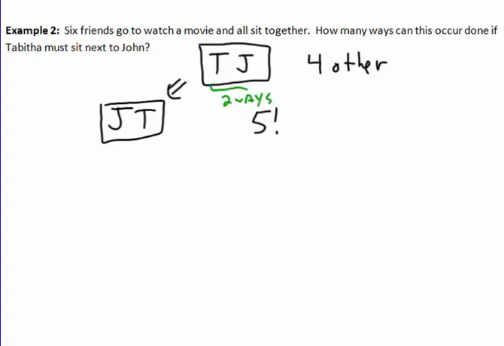So it's not just our 5 factorial from our objects, but it's 5 factorial multiplied by 2. One way is Tabitha then John, the other way is John then Tabitha. And when we do this calculation, we'll get 240. Well, that's if Tabitha and John sit together.